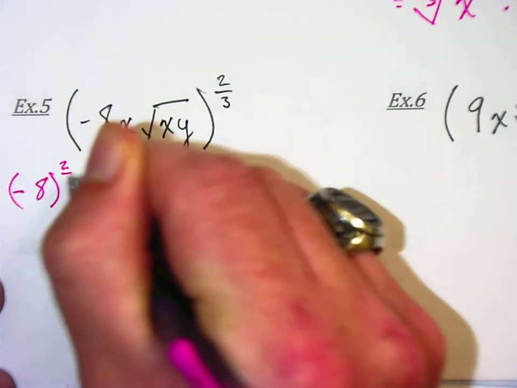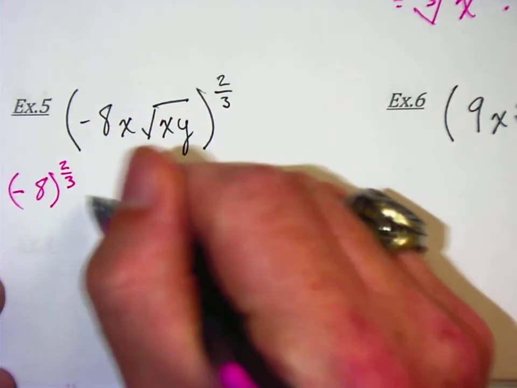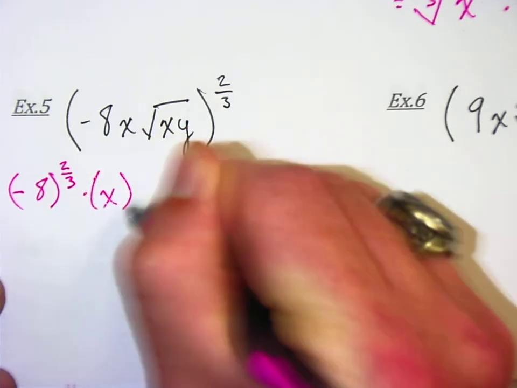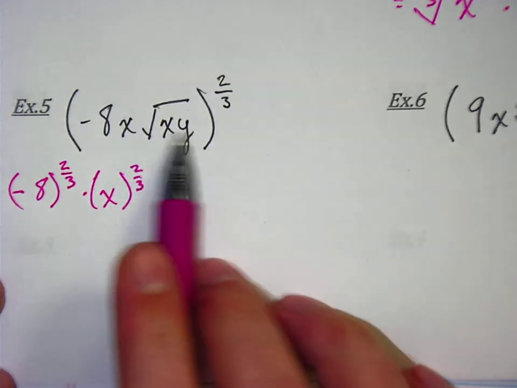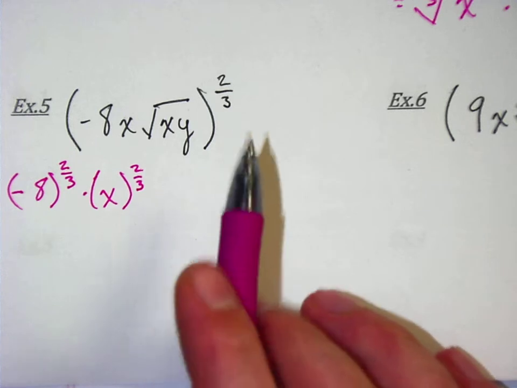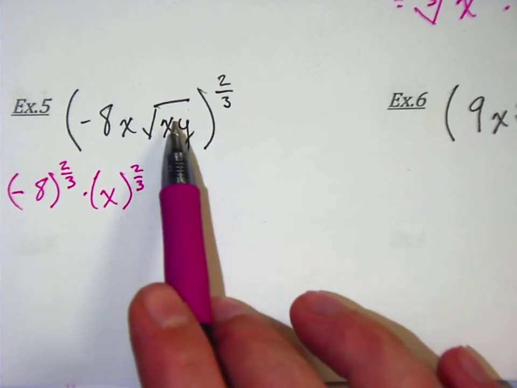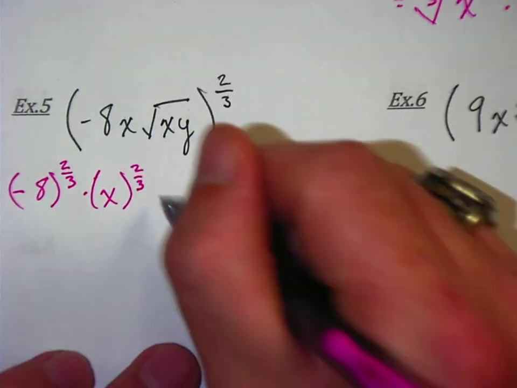I'm going to distribute the 2/3 there. But I'm going to take this and I'm going to write it as a fractional or a rational exponent so that I can raise this to the 2/3 power a little bit easier.